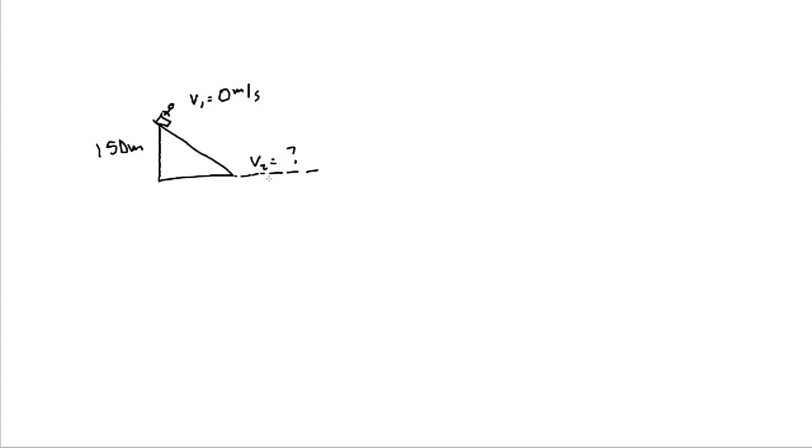This is an example of a type of problem where you're going to use the conservation of energy. So let's write it out again. KE1 plus PE1 equals KE2 plus PE2. So initially, I release it from rest. I've got no kinetic energy. And if I make this the ground, I've got no potential energy overall at the end.